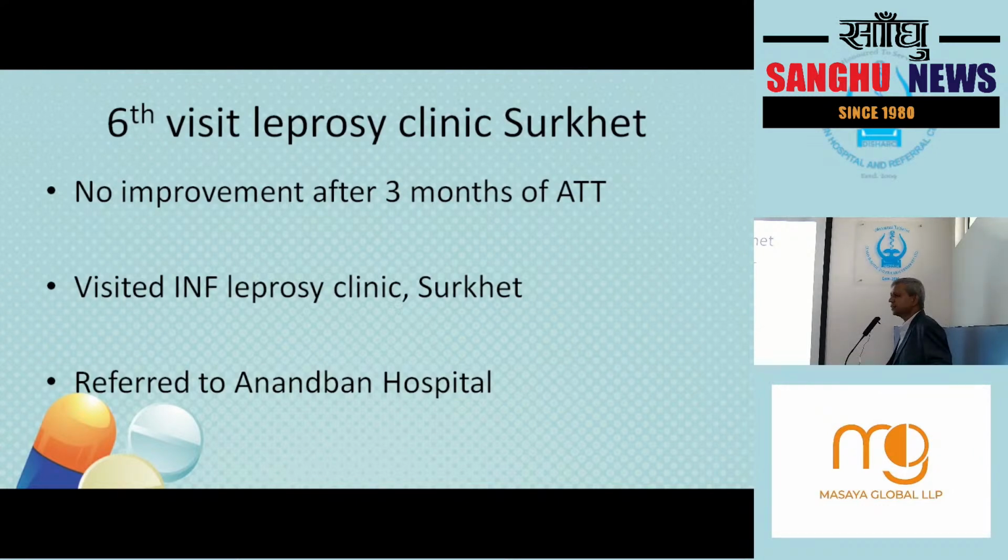Still the patient did not get better. Then he again went to the local place, Surkhet, and visited the leprosy clinic, because one of the dermatologists had already said it may be leprosy. Then the patient was referred to our center, Anandaban.